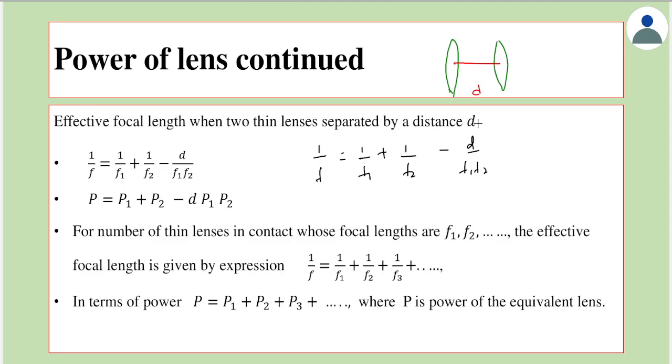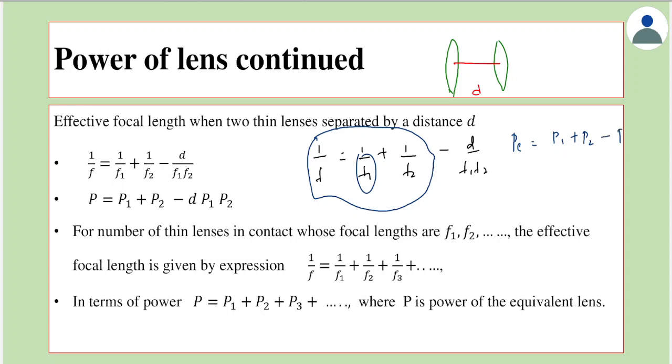Again, if the lenses are touching each other, D becomes 0. If D becomes 0, this is what we're left with. So whatever we derived in the previous slide comes from here only. In terms of power, we get power equivalent is equal to P1 plus P2 minus P1 P2 into D, because we have derived that power is equal to 1 by focal length.